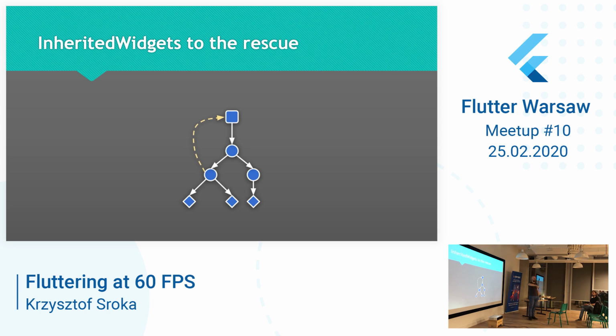So if we have a child of an inherited widget, it's going to just add a new value to the context and pass that to the build of its child. So this is basically constant time to fetch data from context, from inherited widgets, from provider, which basically uses the same thing.